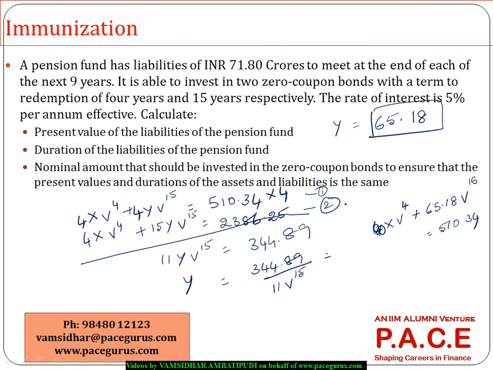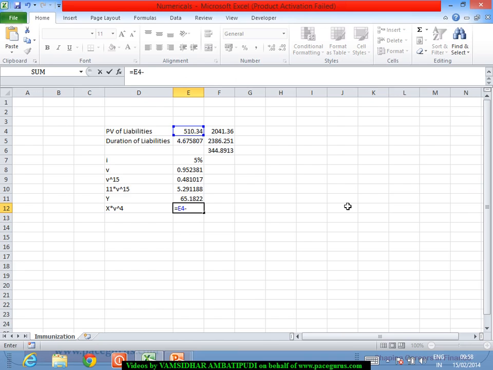minus 65.18 into v^15. So this is what is coming out to x v^4, and from here I can get the value of x, which is this number divided by v to the power of 4.